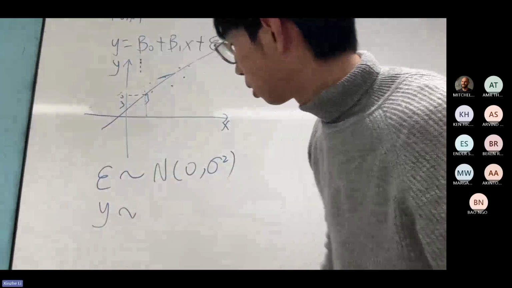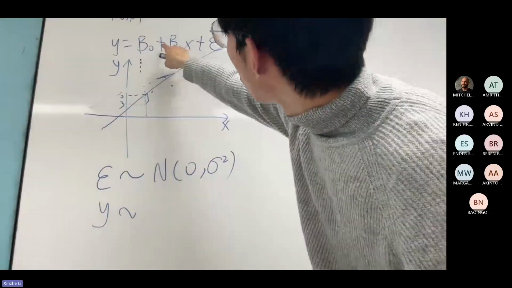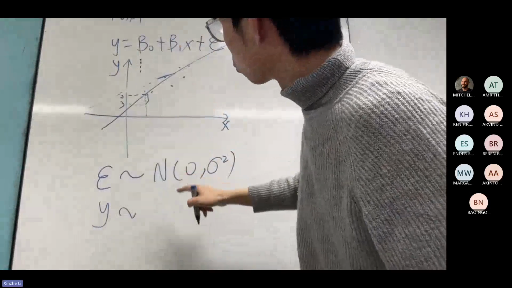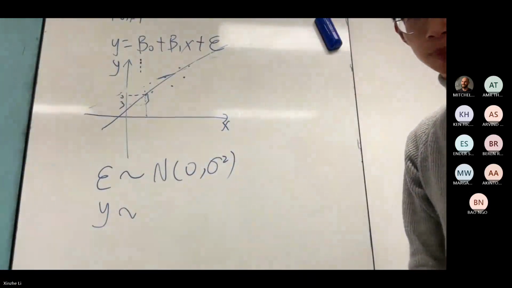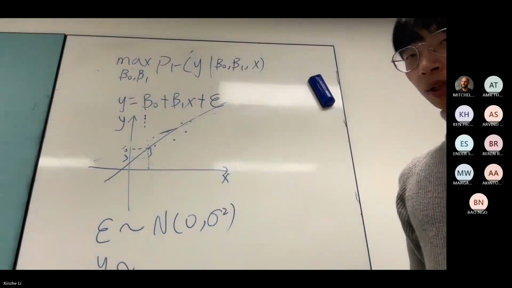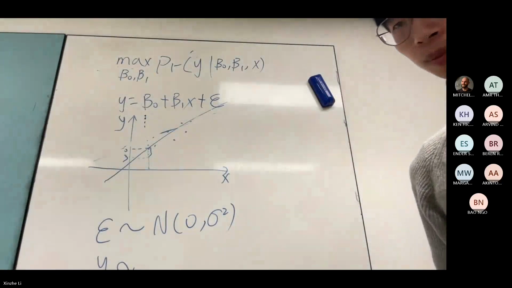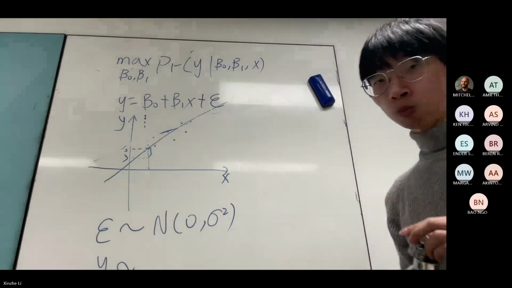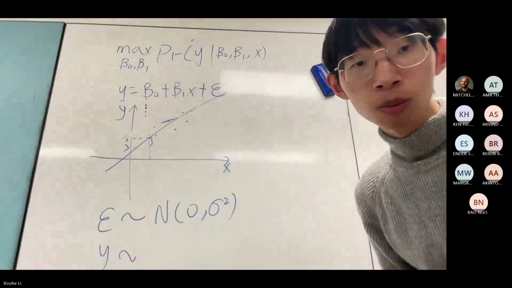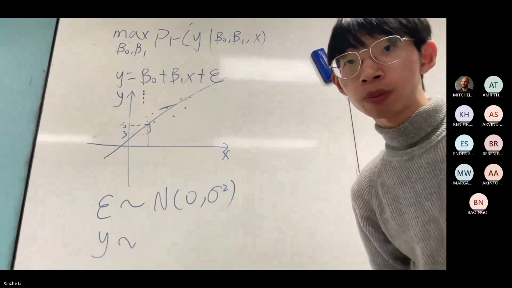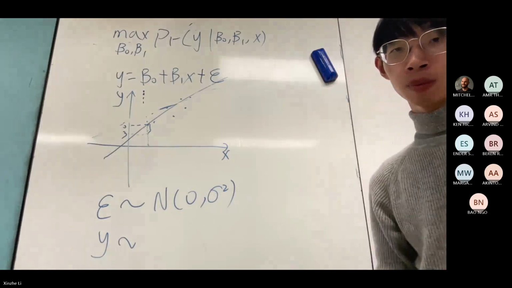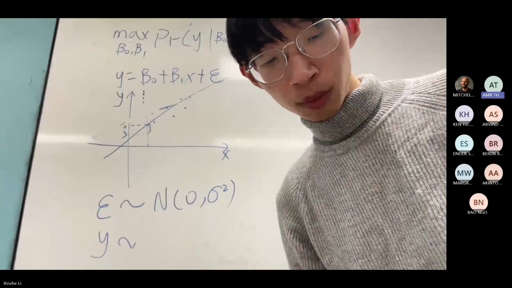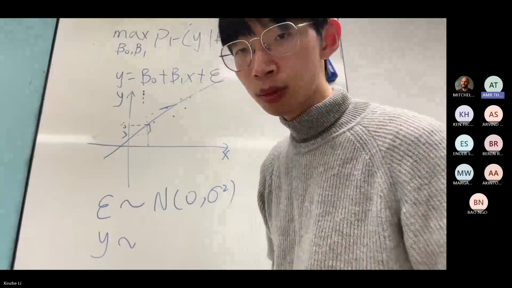Okay, so now think a little bit about what's the distribution of Y. Now we know the distribution of epsilon. What's the distribution of Y? Is it a normal distribution with mean beta 0 plus beta 1 x, and variance sigma squared?